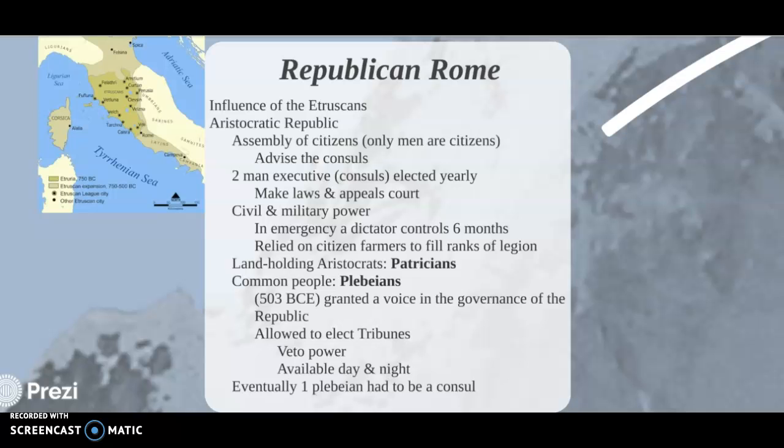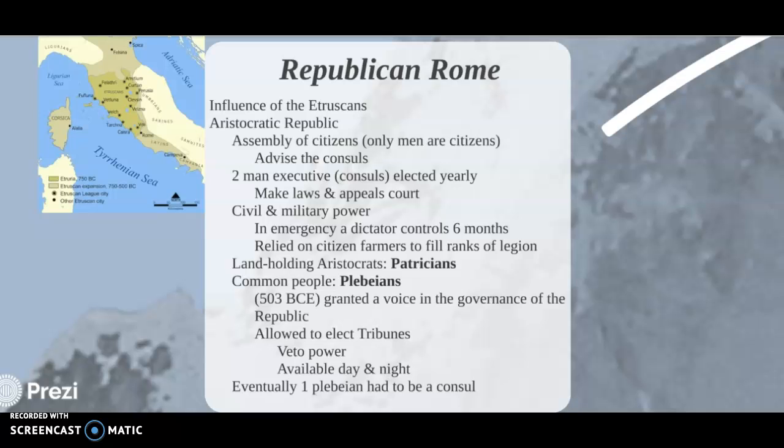And the political situation in Rome falls to this aristocratic republic. Now, talking about the republic, you're mostly focused on the aristocracy in control. The republic is made up of citizens, only men, and at the top of the republic are councils.